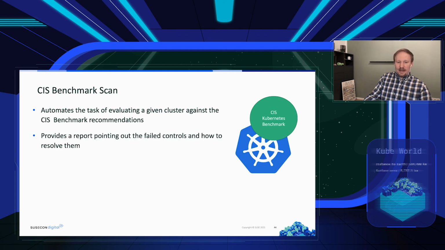And you can do that by running an automated scan. This will give you a report that will point out all the failed controls in the benchmark and also how to address them. And the nice thing is, if you have this kind of automated scan, you can run it at any time. You can run it once during the go-live of the cluster, but you can also run it at any time to protect against configuration drift and to ensure that you're always compliant.